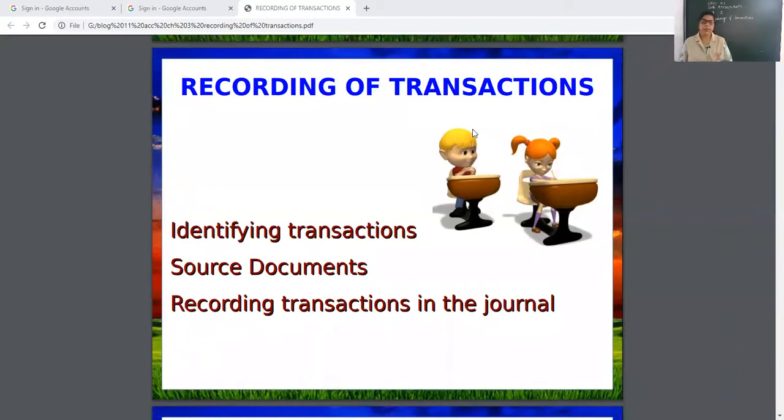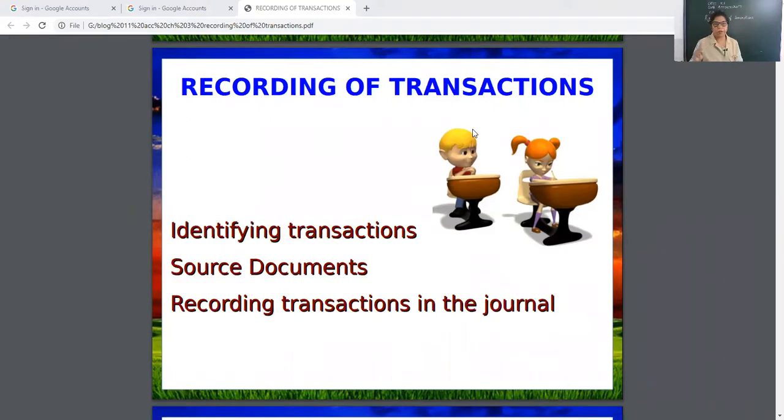Then second is source documents. I will explain what source documents are. Evidence and proofs are known as source documents, like vouchers and bills. Then recording transactions in the journal, the original book of entry, then further classification. So in these two chapters, chapter 3 and 4, we will explain recording of transactions in the account books.